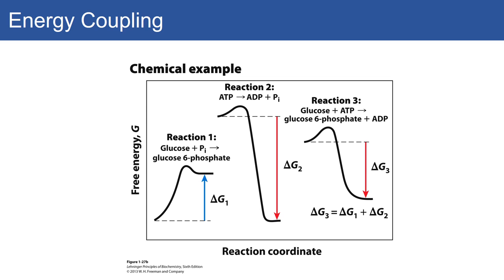So glucose to glucose 6-phosphate is not energetically favorable. If we couple it with the energy from ATP breaking down into ADP, it all of a sudden becomes a very energetically favorable reaction. And this is what you will find with enzymes. This is what enzymes do. That will be the discussion for the next lecture.